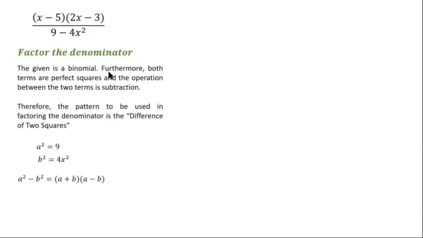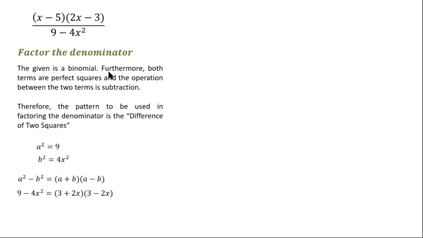Substitute natin yung a squared and b squared, magiging 9 minus 4x squared. And then by getting the square root of a squared and b squared, which is the square root of 9 and 4x squared, isa-substitute natin yun siya doon sa right side ng ating equation, which is yung kanyang factored form na a plus b times a minus b.